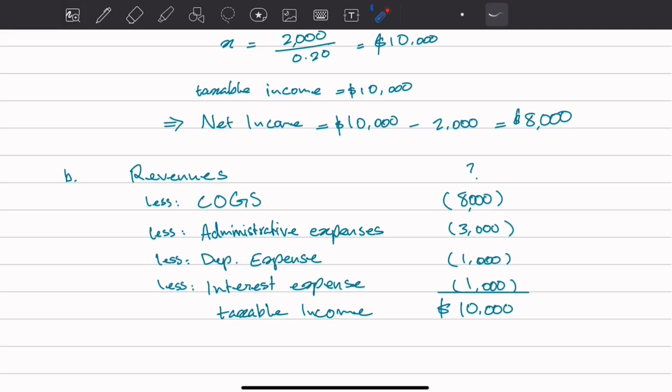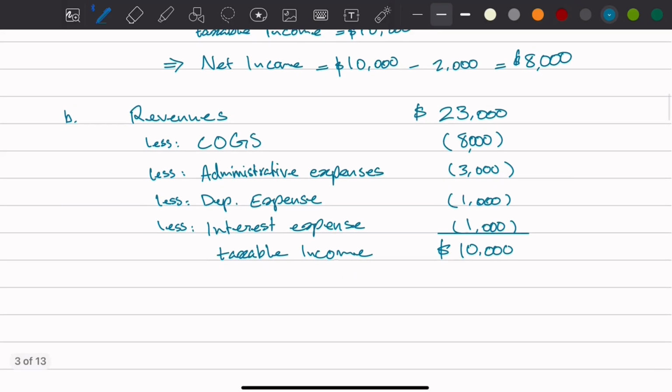So we can turn back to our calculators and say $10,000 plus $1,000 plus another $1,000 plus $3,000 plus $8,000, and that will give us $23,000, right? So I can go back here, delete this and write $23,000.